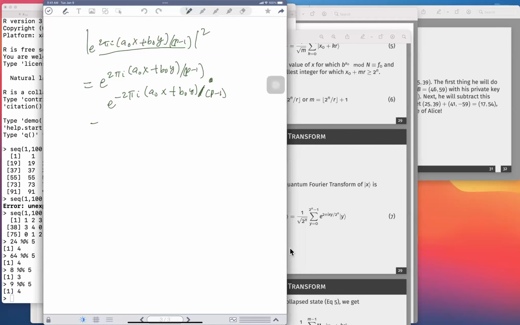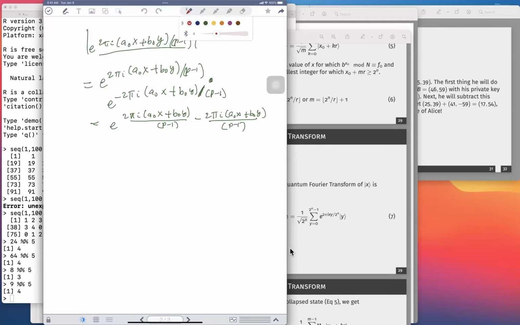According to the law of exponents, this is just equal to e to the 2 pi i a0x plus b0y over p minus 1, minus 2 pi i a0x plus b0y over p minus 1.